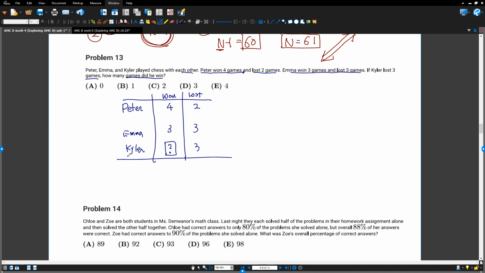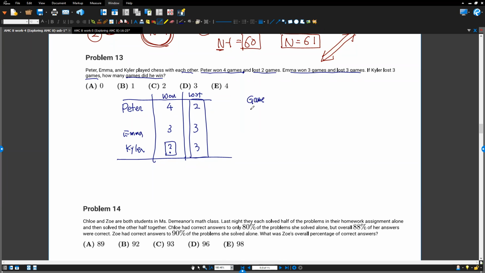You add 3 plus 3 in Emma to get 6, and Kylo also has to have a sum of 6. Also, Peter has a sum of 6, and then 6 minus 3, so the question mark is 3. So I got D. But we have to add them all. So I got B. Oh yeah, I think B is correct. 2 plus 3 plus... So the number of wins and the number of losses should be equal, right, if you won games.